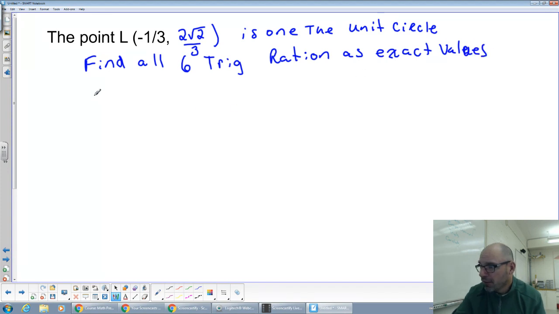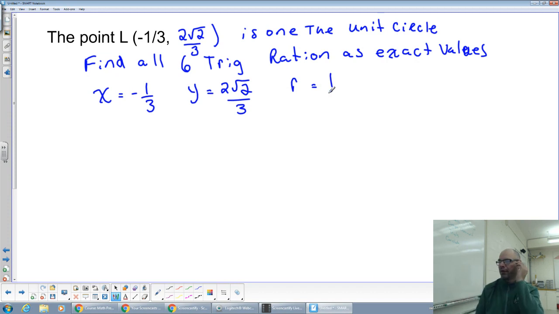So we know that x equals negative 1/3, y equals 2 root 2 over 3, and r equals 1, because it's on the unit circle. Sorry about that. So we'll do sine first.